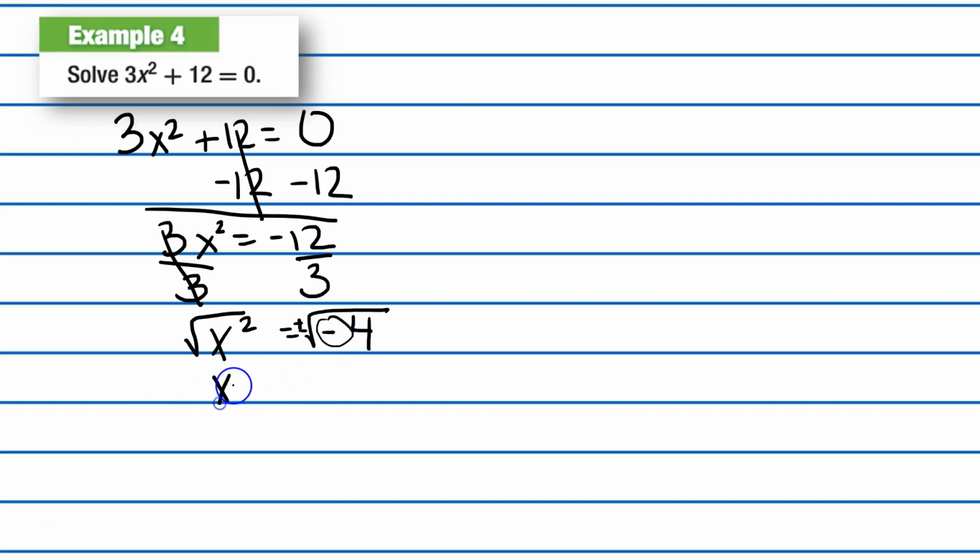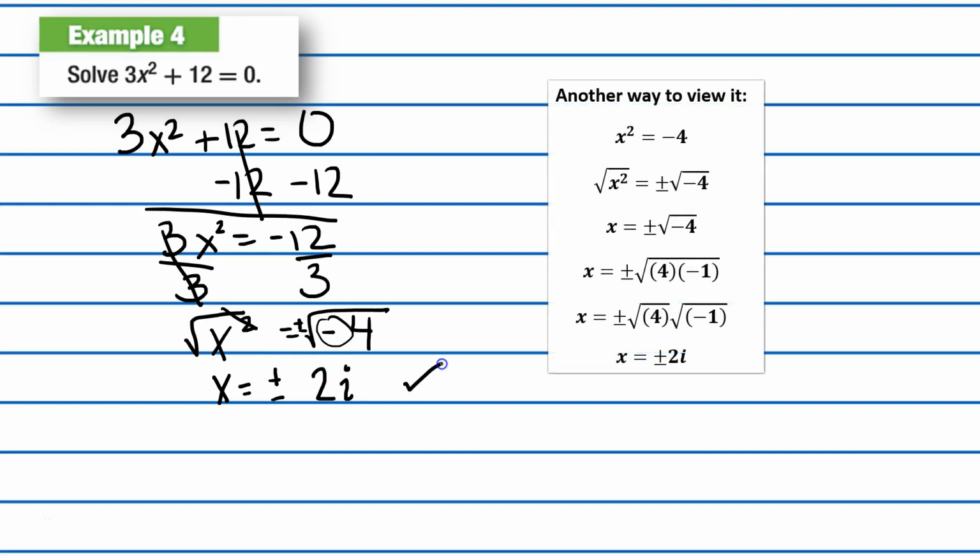So now we have x, because now these canceled each other out, is equal to plus or minus the square root of 4, which we can simplify to 2. But now I can say it's 2i. And don't forget that plus or minus. And that's it.